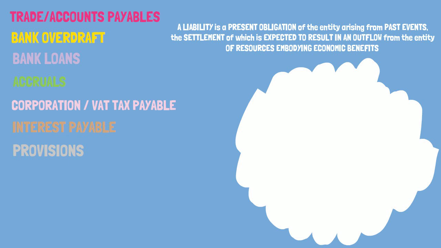In normal cases, we're pretty definite on the amount that needs to be paid in a liability. But in the case of provisions, we aren't fully sure. But we know that there is a contractual or constructive obligation for the amount that we need to pay. Therefore, we need to make a best estimate of what that will be.